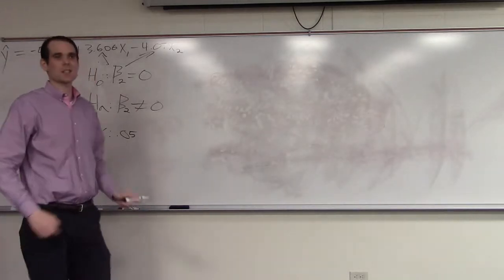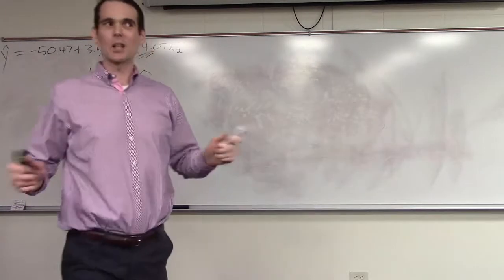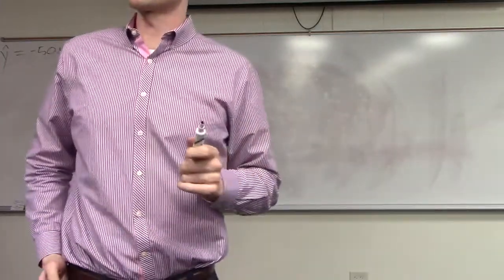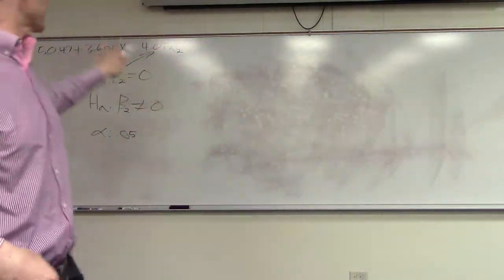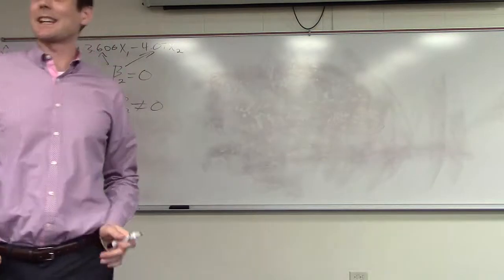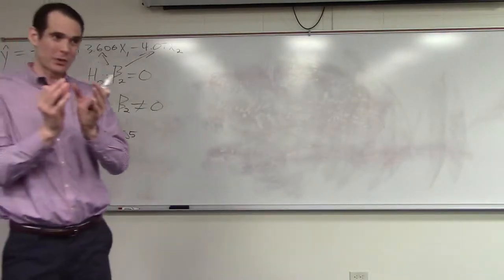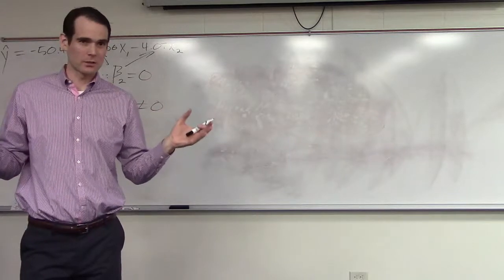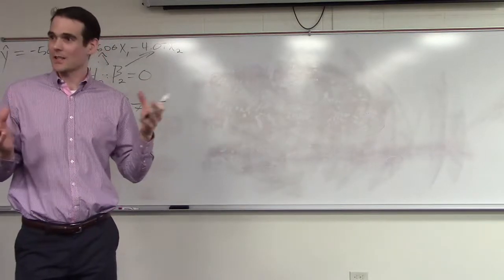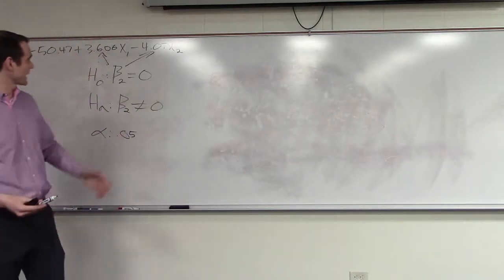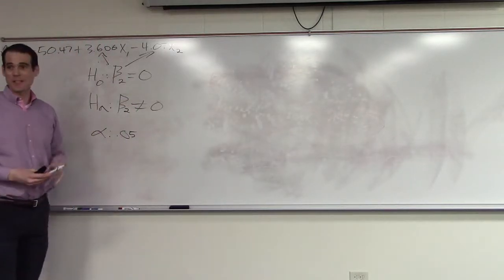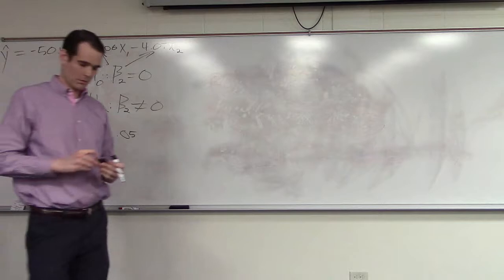The F-distribution allows us to more easily look at the whole regression equation. So we can compare both independent variables, and we can say, is there something of value in this whole regression equation? And the F-test will tell us that. And if the answer is yes, then we will proceed and do t-tests for the individual variables.